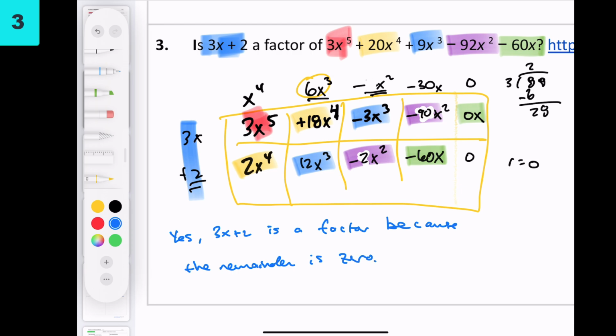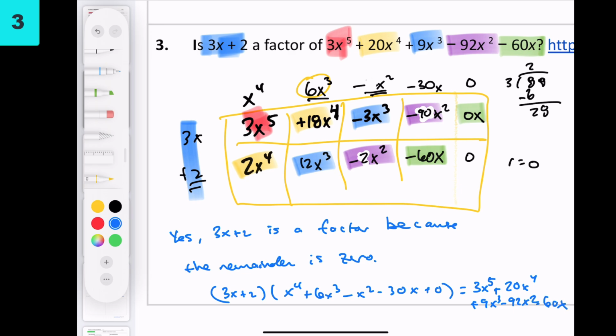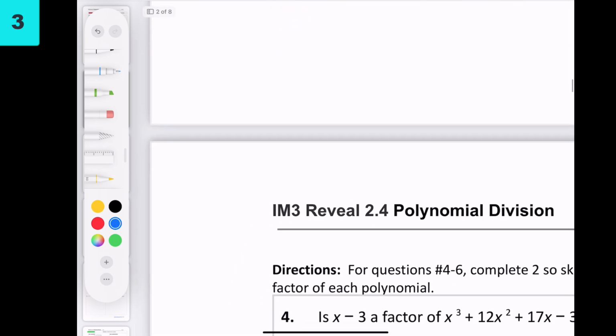Remember, you can always multiply 3x plus 2 times the quotient to get the dividend: 3x to the 5th plus 20x to the 4th plus 9x to the 3rd minus 92x squared minus 60x. Okay, go to question number 4.